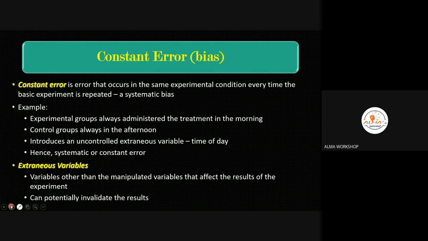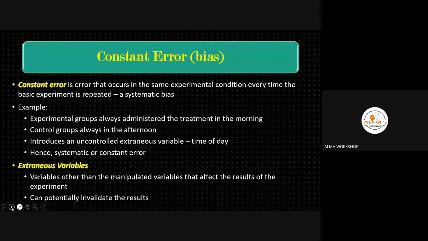Okay, and you also have some bias or the constant error. Error occurs whenever you do your research, that you have to understand. You will either have a systematic error, or a sampling error, or an experimental error. All these errors, every now and then when I take statistics, I'll be talking about the sampling error, statistical error, like that.